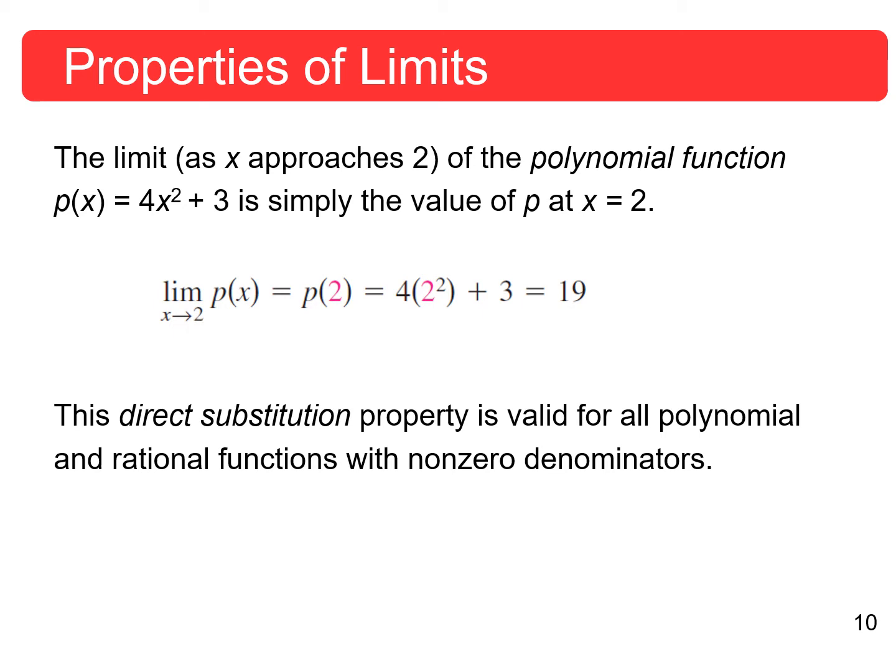So this direct substitution will work for any polynomial function, and sometimes also for any rational function. This will work for rational functions with non-zero denominators. That means that if you evaluate a rational function and the denominator is not 0, then the direct substitution will work. Otherwise, we have a different discussion on that one.